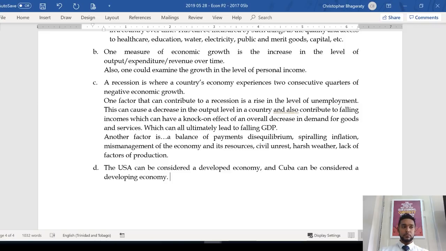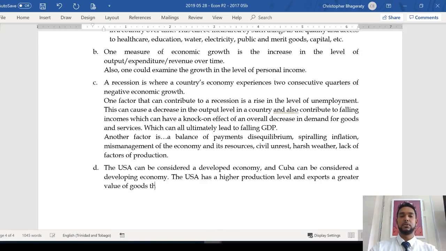Alright. Okay, so describe one economic difference between these two economies. So the USA has a higher production level and exports a greater value of goods than does Cuba, right?